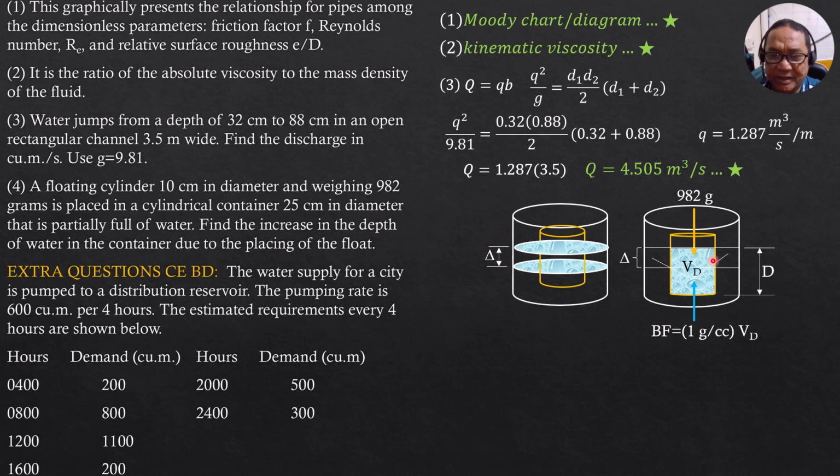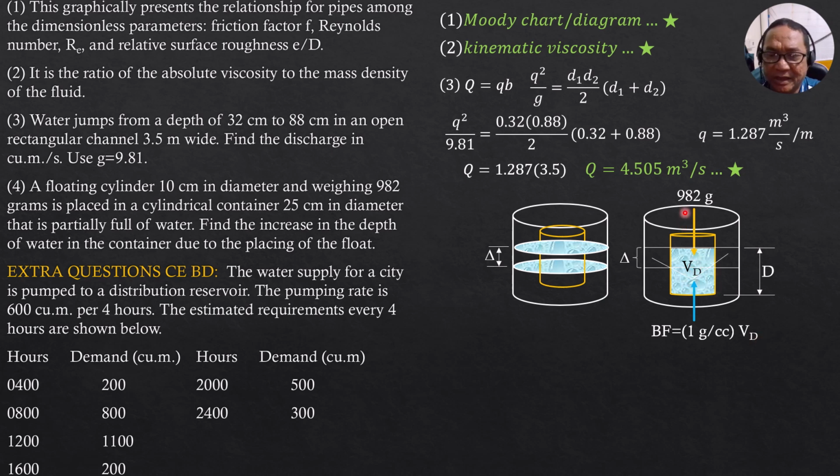And this is now the real situation. We have the mass 982 grams. So the buoyant force is density of water, which is 1 gram per cubic centimeter, times volume displaced. And the volume displaced is denoted as shown.